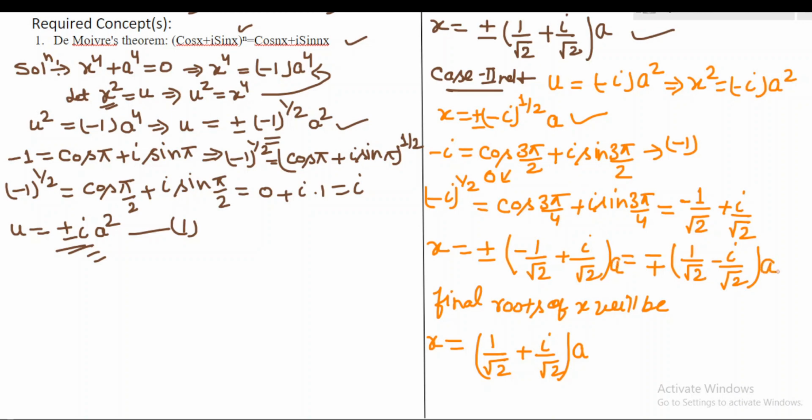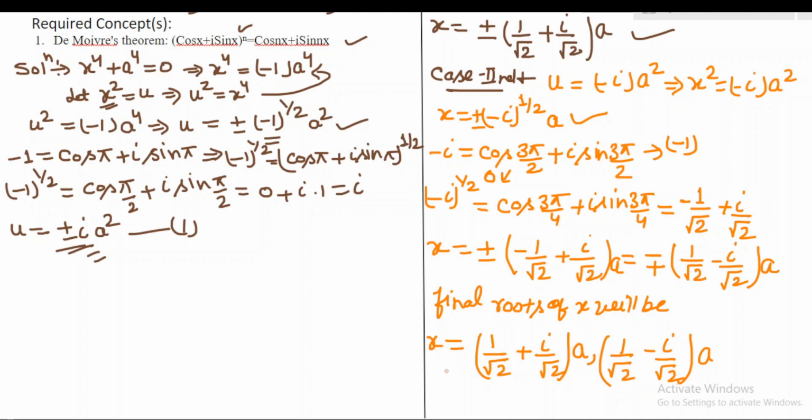Okay, again taking the second positive root, that is 1 upon root 2 minus i upon root 2 a.